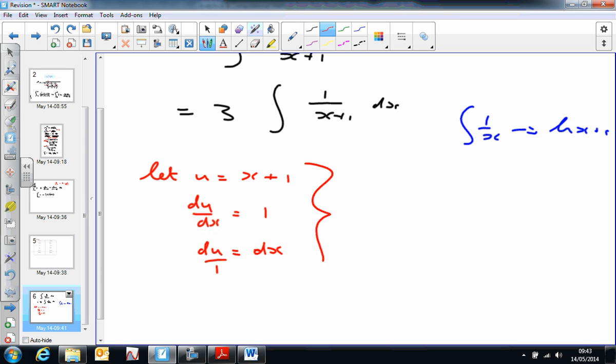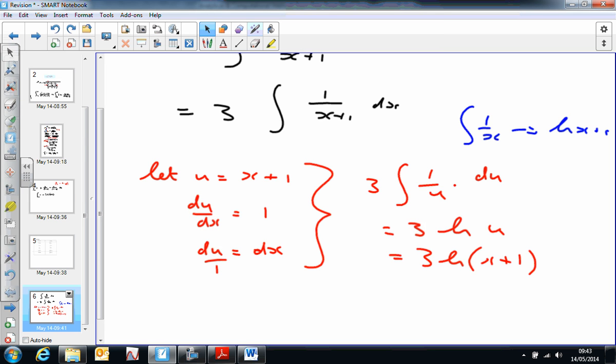And so the integral becomes 3 times the integral of 1 over u times du over 1, or just du in this case. Which is 3, what's the integral of 1 over u, standard integral, log u. Replacing u with what we set it to be, which was x plus 1, 3 log x plus 1, which is what we had.